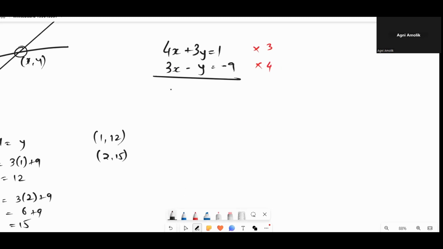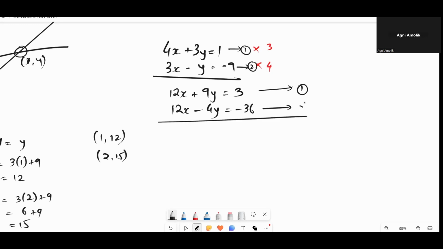So multiply everything in your first equation with 3. It becomes 12x plus 9y is equal to 3. This is your first equation. This is your second equation: 12x minus 4y is equal to minus 36.